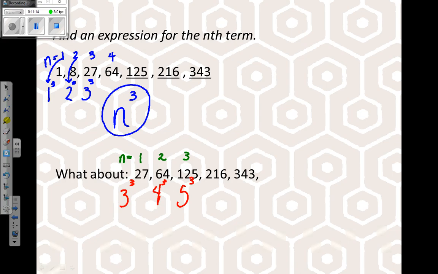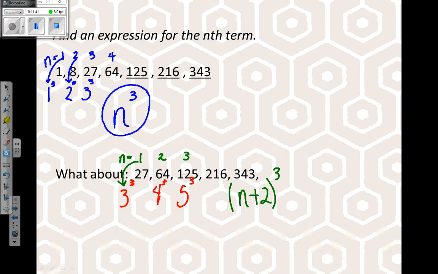So up above, my n was 1 and I was cubing 1. My n was 2 and I was cubing 2. Here, my n is 1, but I need to cube 3. So what do I need to do to 1 to get 3? I need to take that n and I need to add 2 to it, and then I need to cube that value.